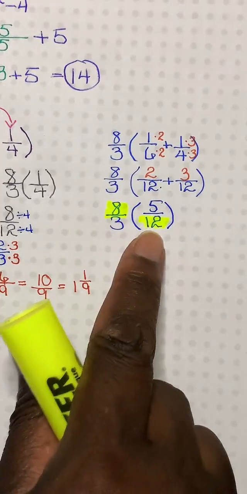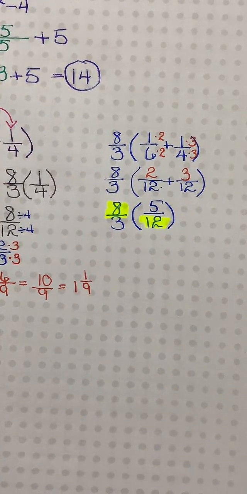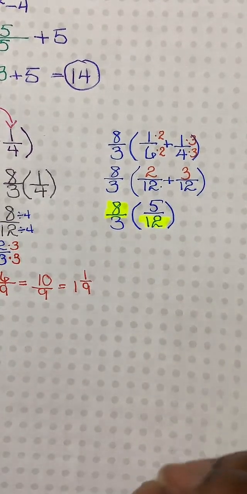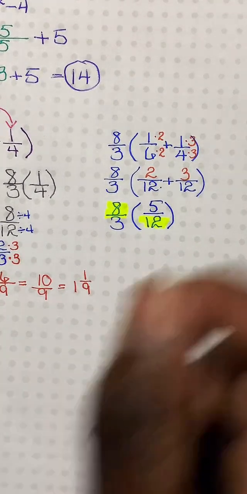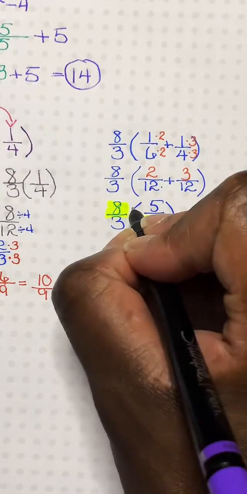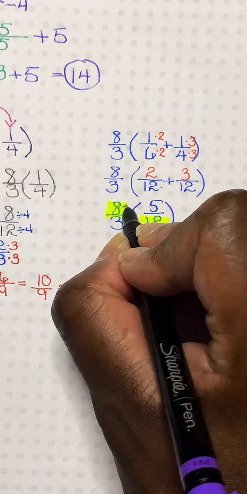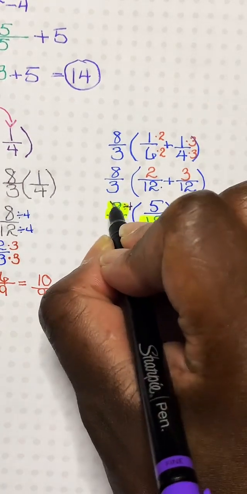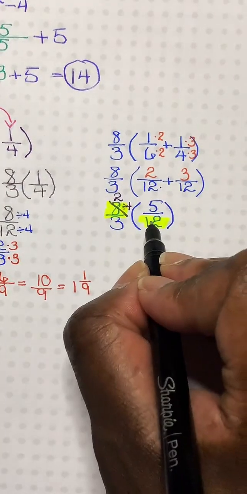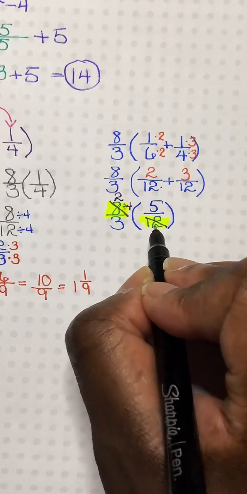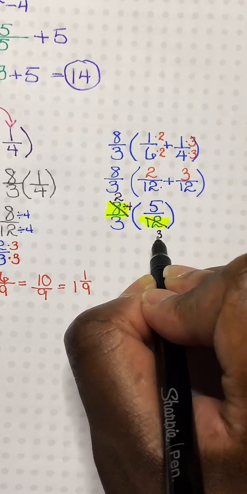What number do 8 and 12 have in common? 4. Good. Yes. Good, Danny. Good, Bundles, Ellie, and John. Good. So that means if I did 8 divided by 4, this 8 is now a 2. If I did 12 divided by 4, that means this 12 is now a 3.